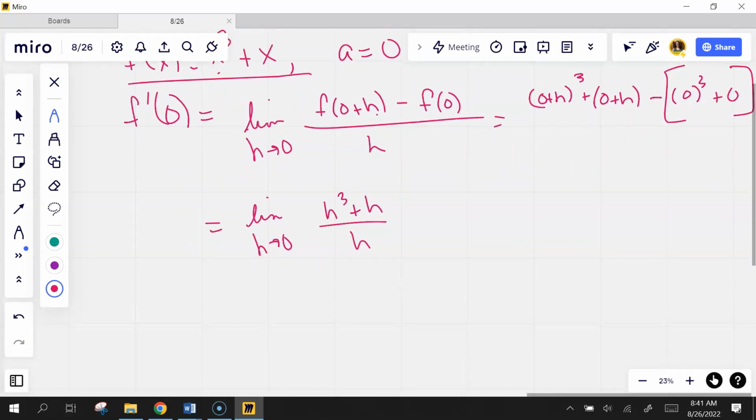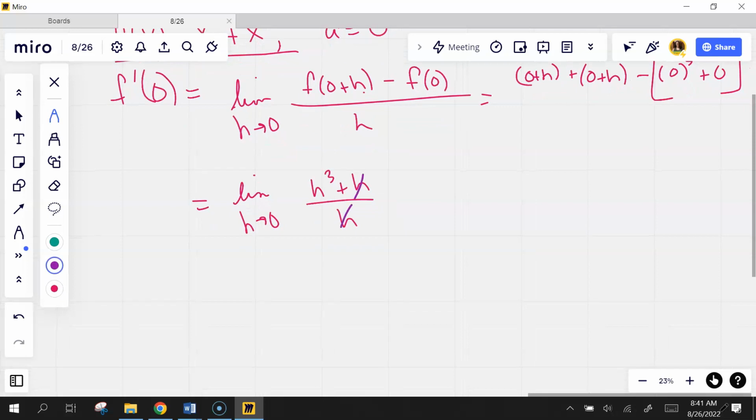Oh, okay, okay. Now I can cancel. Still gives me what? Which if I plug in is 0. What did I do wrong? That's 1, you're right.